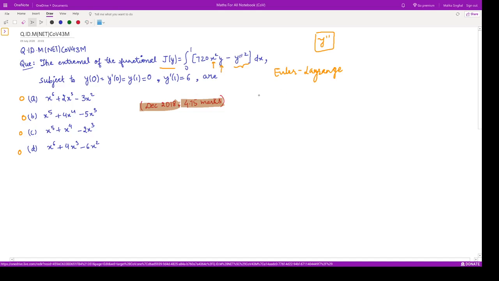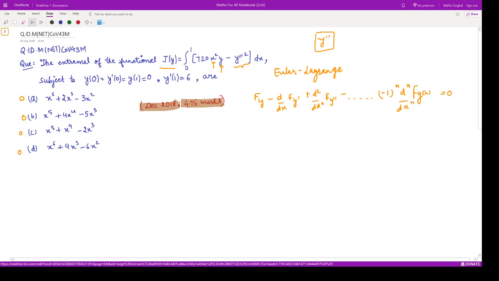Then it has the form: partial f by y minus d/dx of f y dash plus d squared by dx squared of f y double dash, and so on, up to minus 1 raised to the power n, d to the n by dx to the n, of the partial derivative of f with respect to y of n, equal to 0.